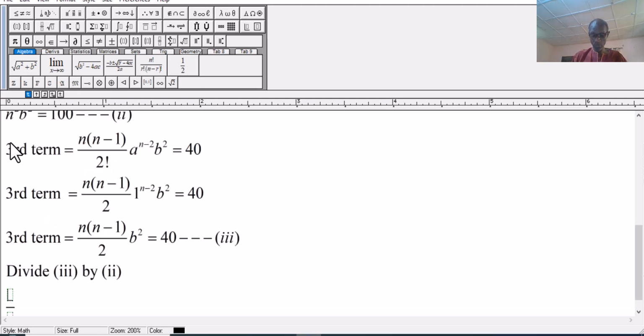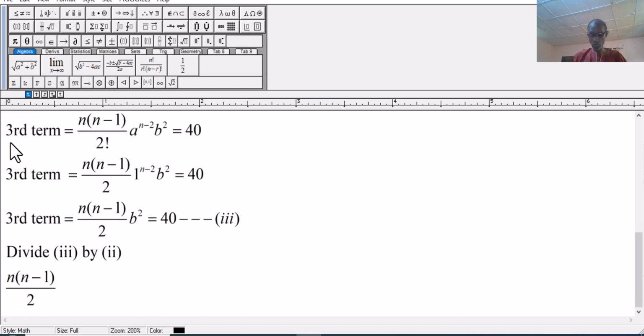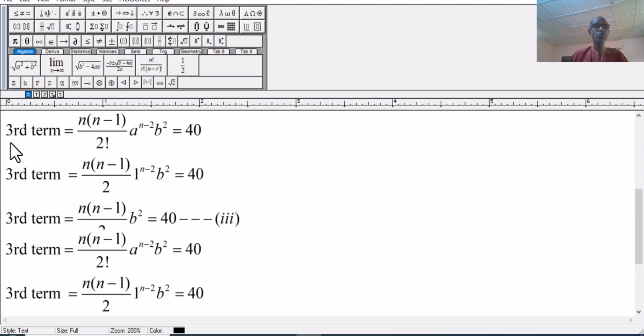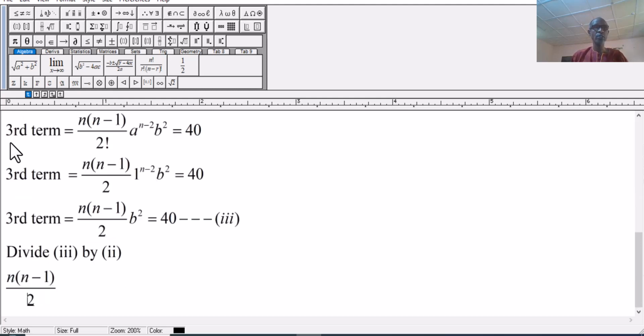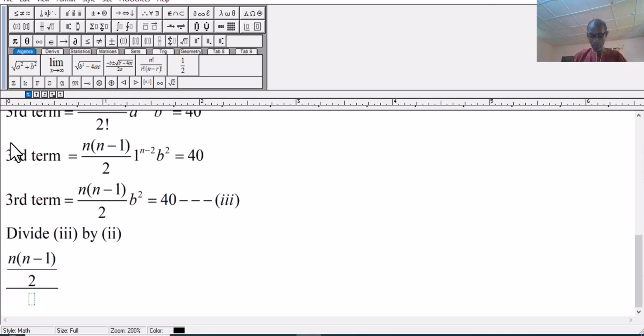So we have n into n minus 1 over 2. So our equation, that is n squared. So I'm going to divide everything by n squared b squared. So don't forget that this one has b squared.